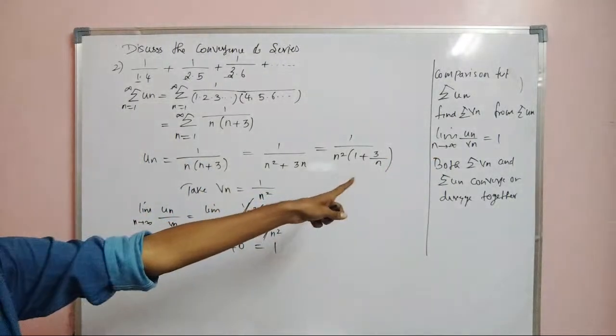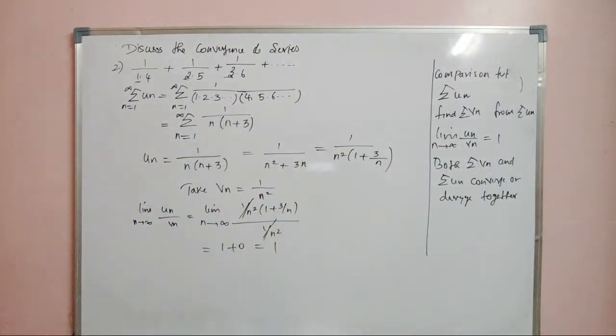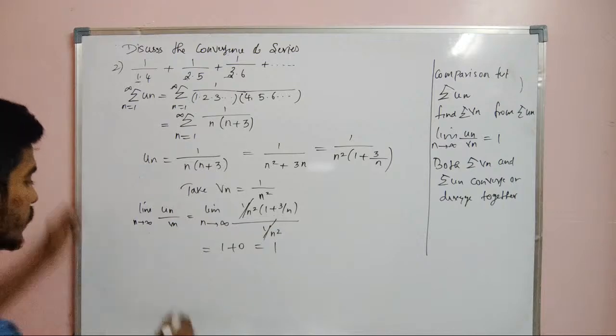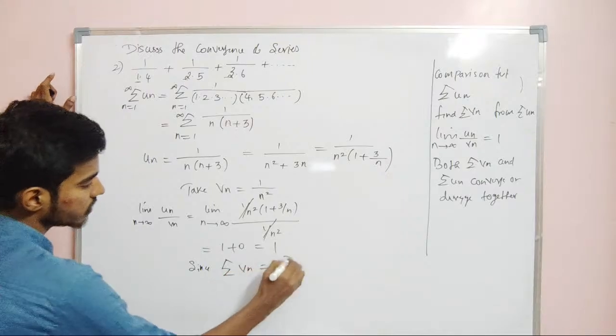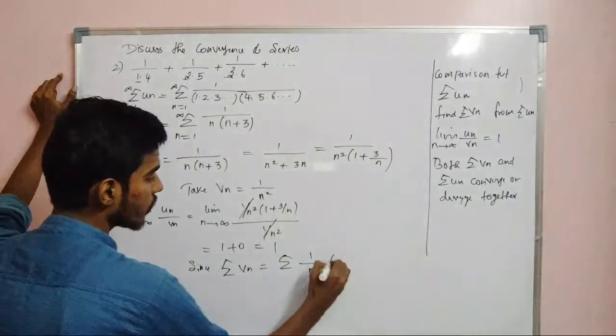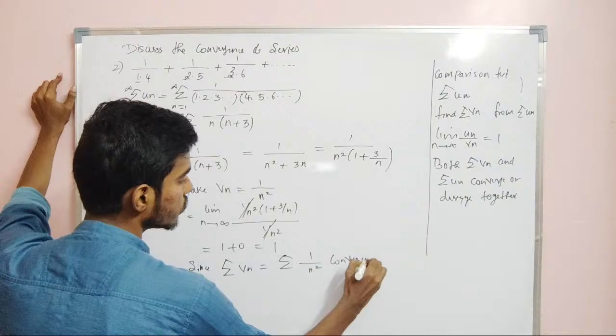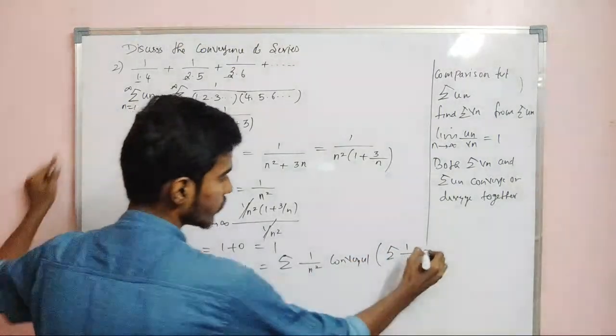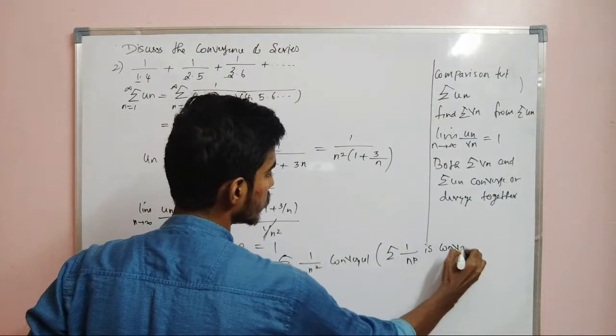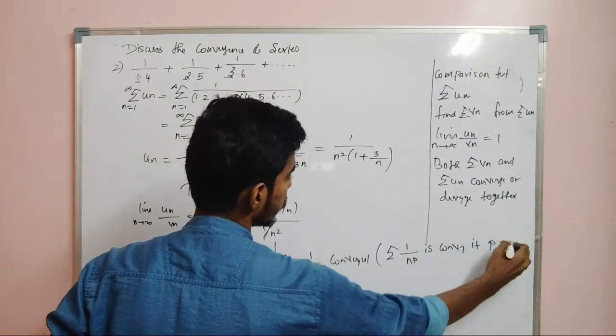So both summation vn and summation un converge or diverge together. So what is summation vn? vn is 1 by n square. This is convergent. Why? Because summation 1 by n power p is convergent if p is strictly greater than 1.